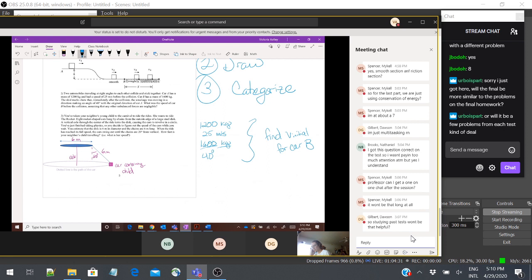So, I like to draw a picture. Okay, so we have car A. Definitely what a car looks like. Draw a DeLorean, that's the only type of car I can draw. Okay, traveling this way. And then we have another car traveling this way.